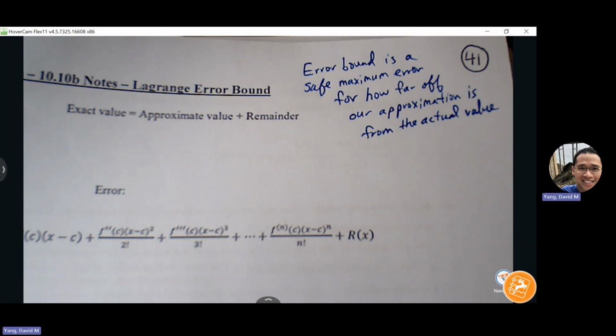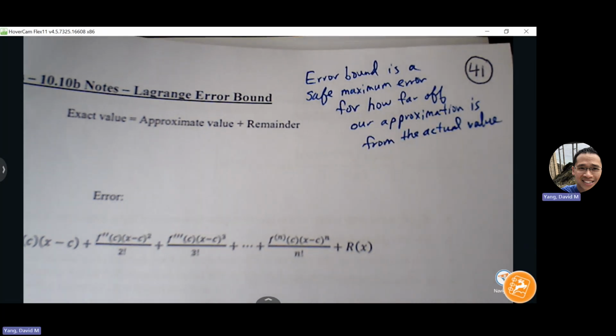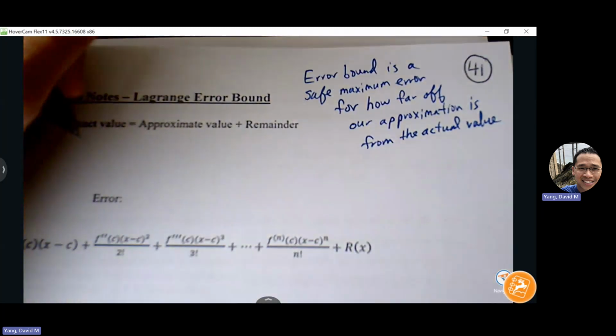So we're still going to take this idea that we did with the alternating series error bound. It's just that now, what if we have a series that is not an alternating series? We're still going to be involving the first unused term. So we know this is true, right?